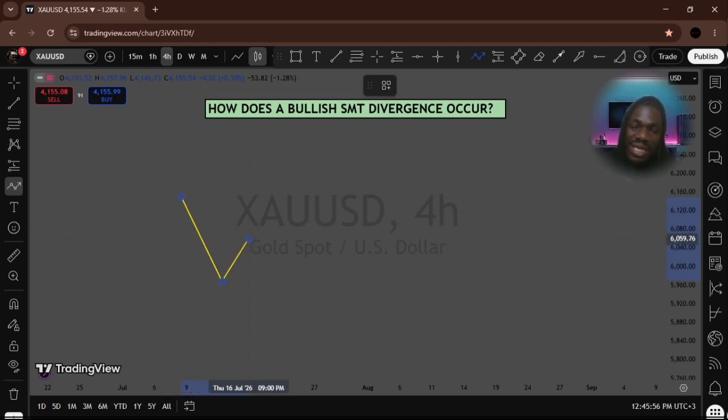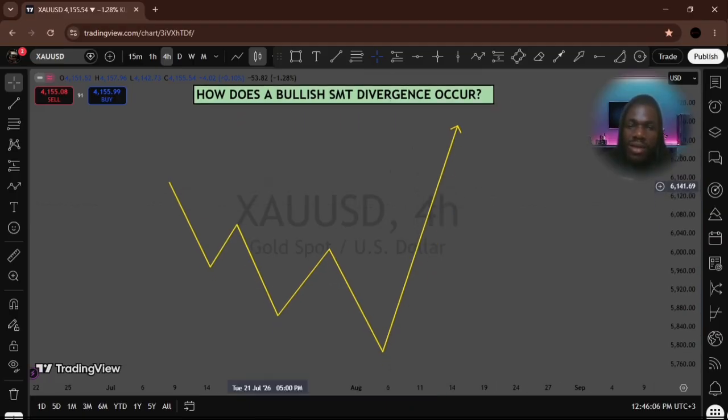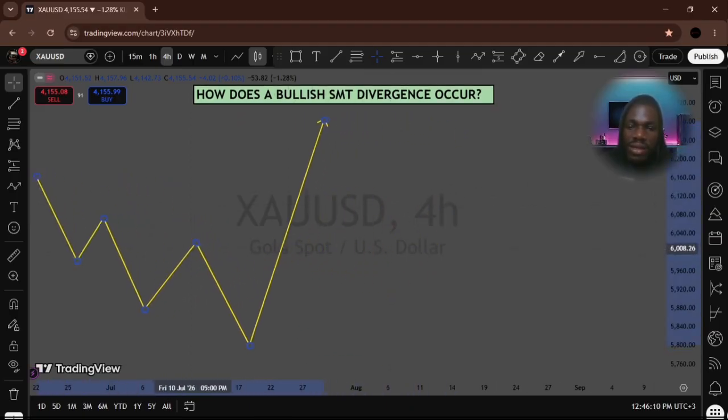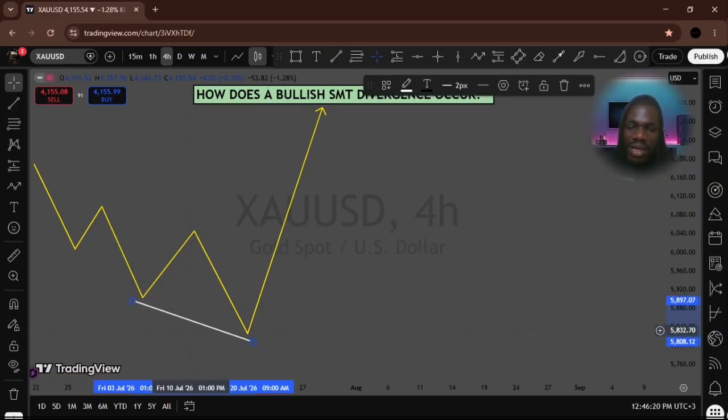Let's say this is a new lower low, it is coming like this, but now it is going to become bullish. Price was moving like this. We are seeing that an SMT divergence is occurring. You can see it around here.